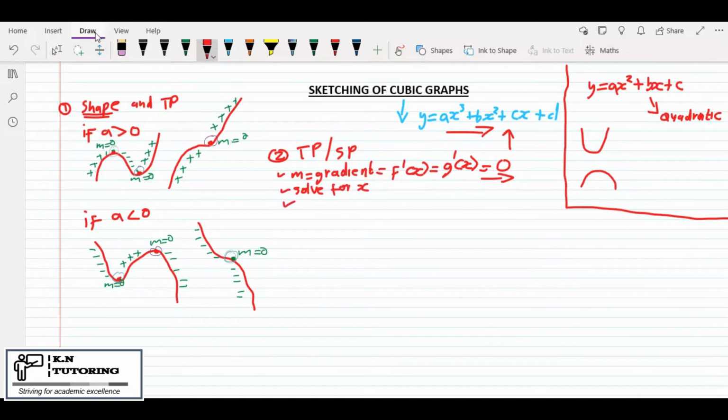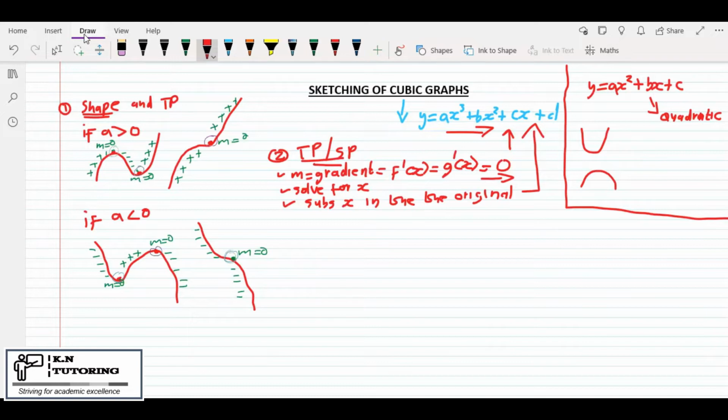After solving for x, substitute the value of x in what? In the original equation. And by original, I'm referring to the cubic function or cubic graph that is given to you.